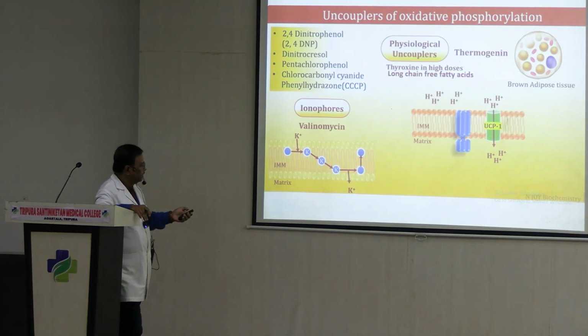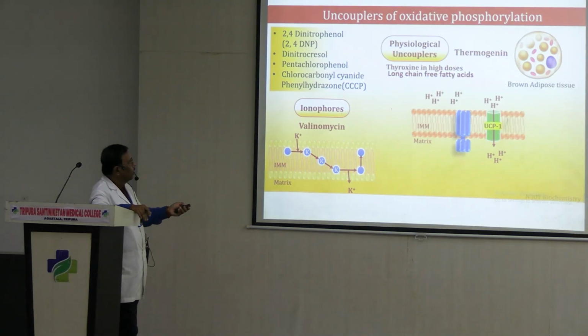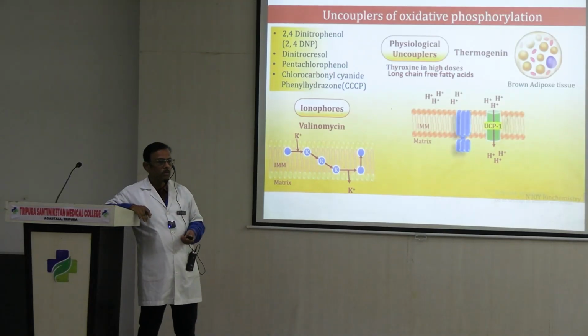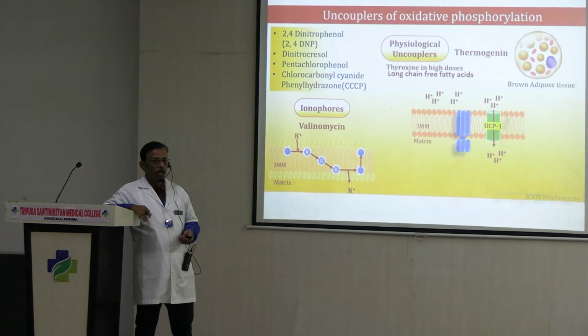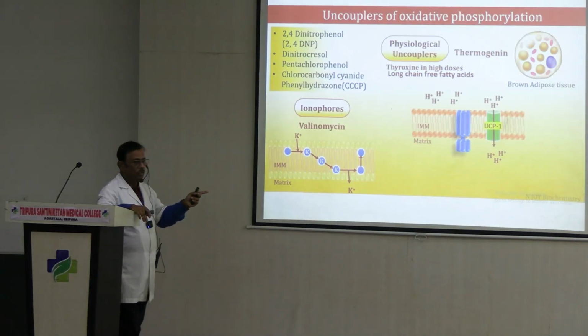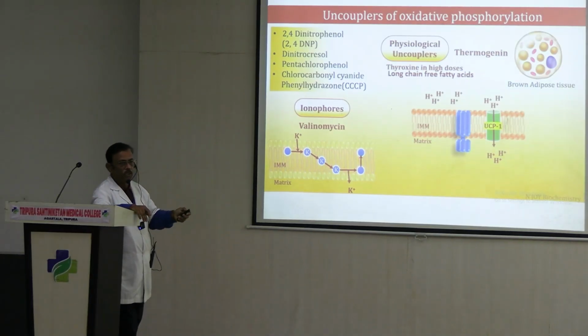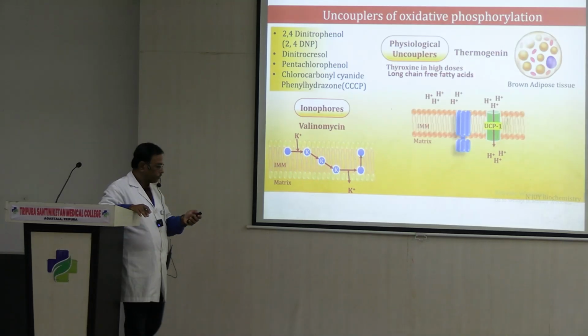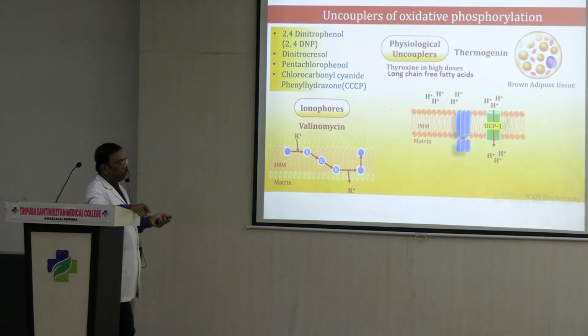Thermogenin uncouples oxidative phosphorylation from the electron transport chain, and the proton gradient is dissipated as release of heat. But not all: there is heat production as well as ATP generation. So it is important for kids.